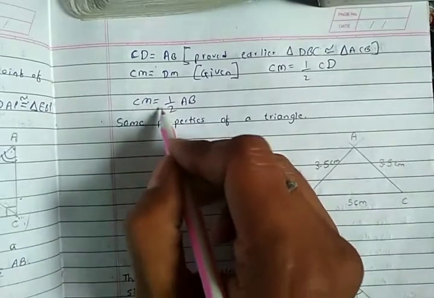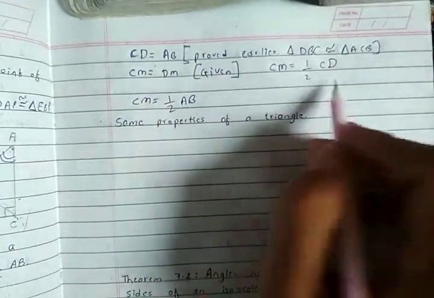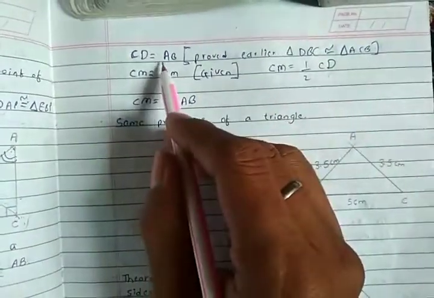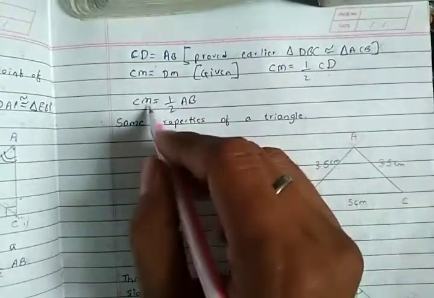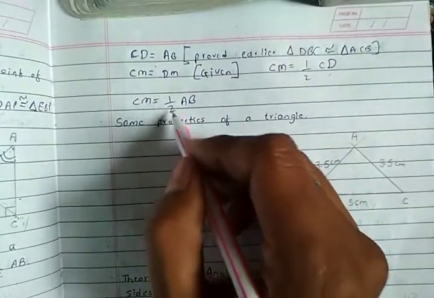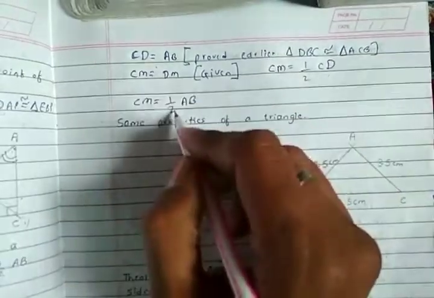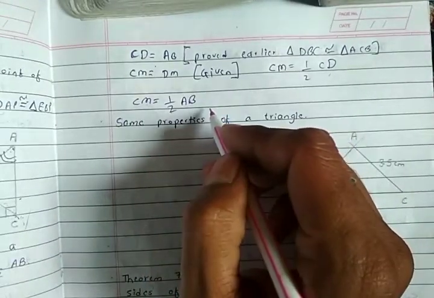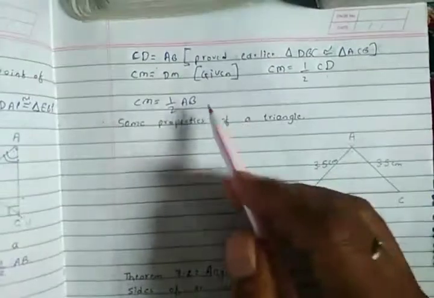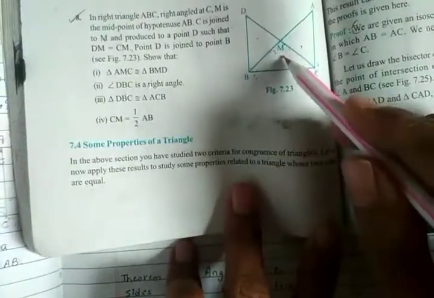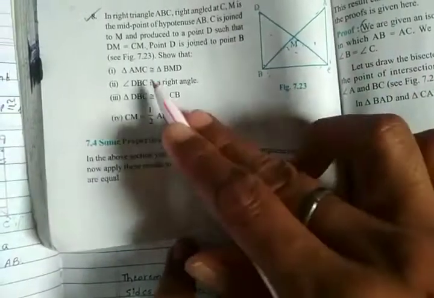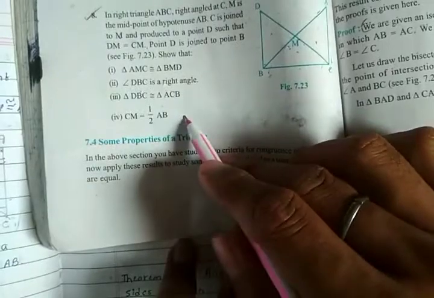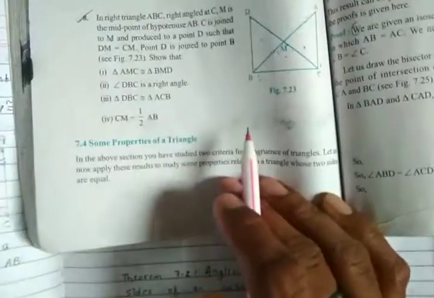Now CM will be equal to half of, in place of CD we will write AB, right? Since CD and AB are equal, so we can write that CM equal to half of AB. Thus we have proved that the CM is half of AB, right? So all these four questions we have proved, and we have completed exercise 7.1.